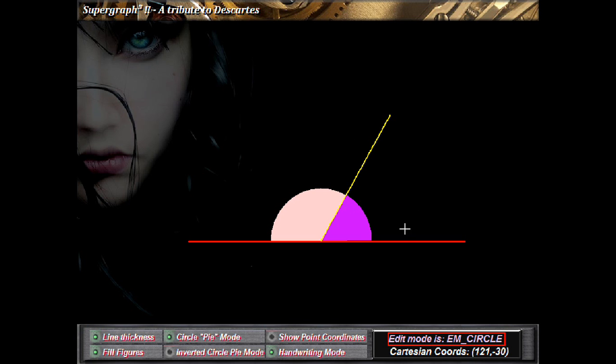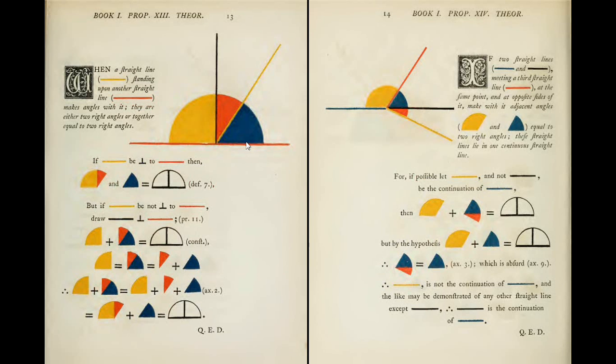These are either two right angles or together equal to two right angles.